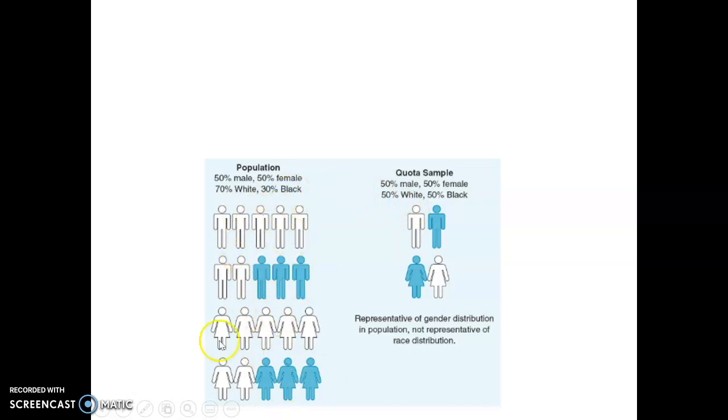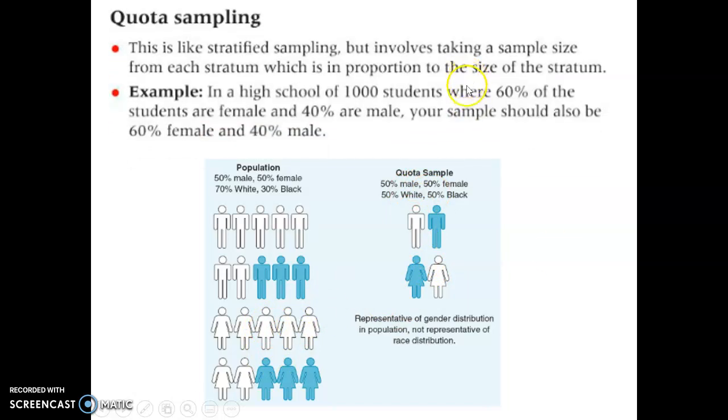So here we can see a population that has 50% male, 50% female, and then 70% white and 30% black. In that case, we want our quota to represent the same proportions. So please read this, look at the example, and give your own example of quota sampling. Okay, I hope that process has allowed you to become familiar with the 5 main sampling techniques.